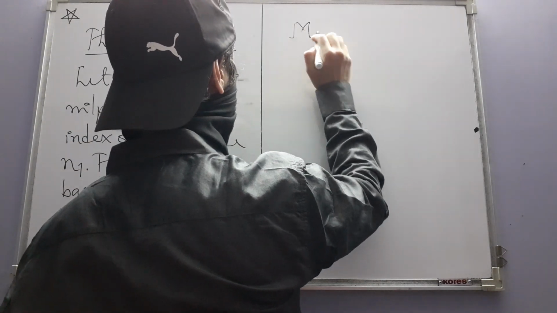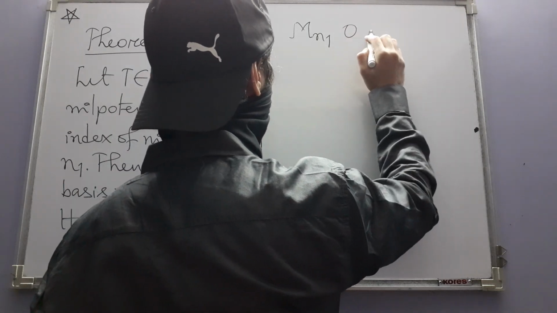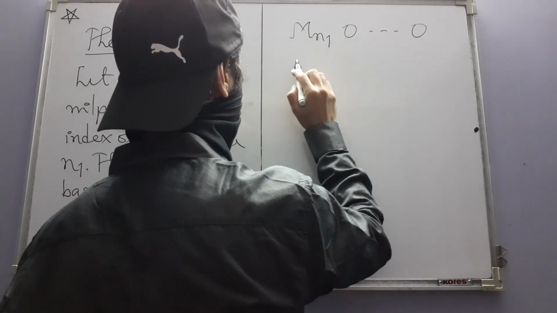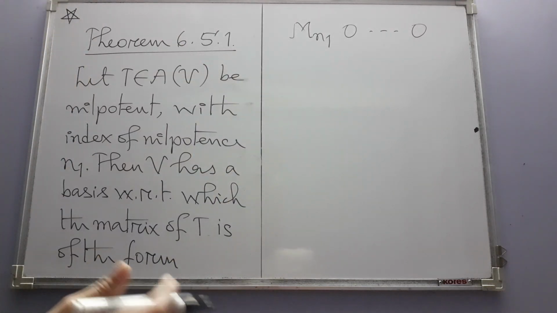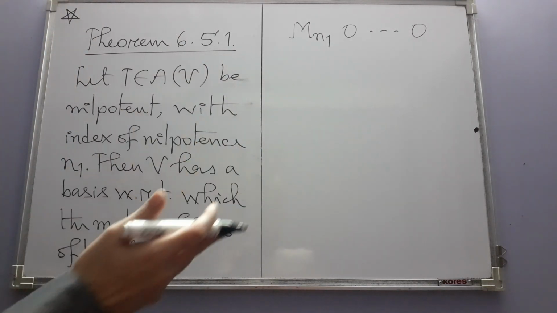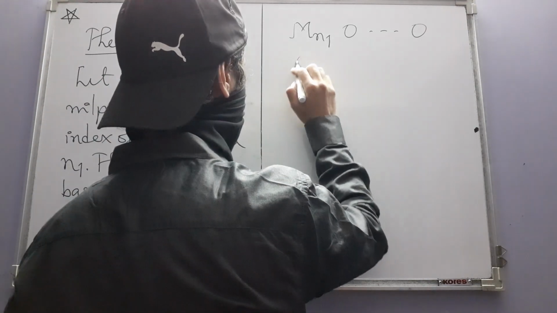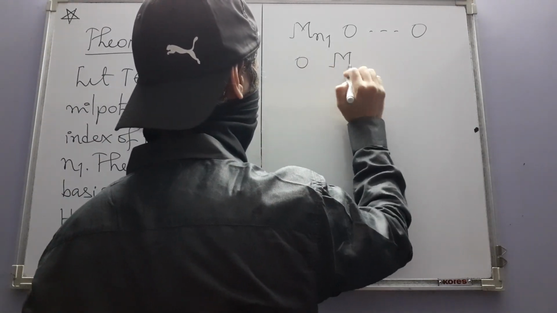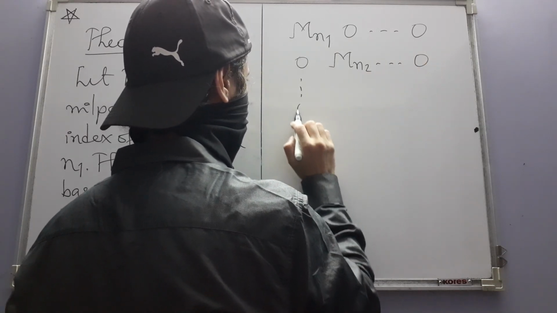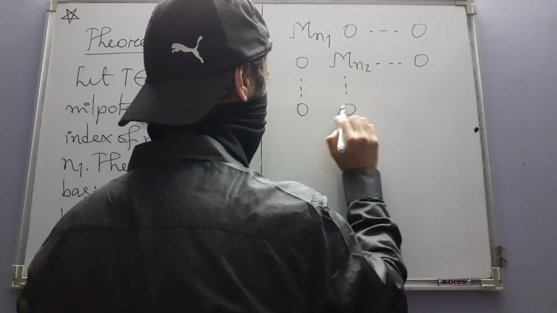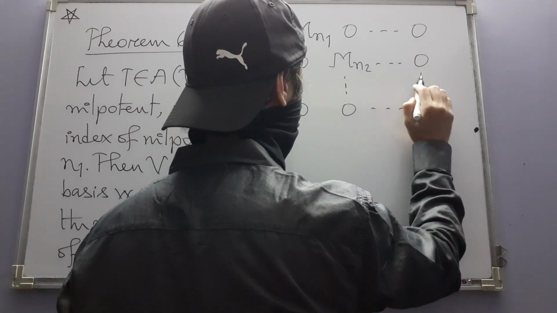Again, we are going to see a block diagonal matrix. I mean a block matrix in which the diagonal blocks are where we may have non-zero elements, elsewhere we have zero elements. M n1, M n2, up to M nr.